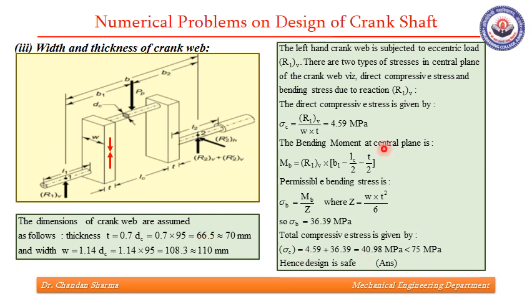So we know that the left hand crank web is subjected to eccentric load R1V. You can see over here, this is the eccentric load R1V, and we need to design this crank web. So to understand the effect of R1V on this crank web, we have assumed two equal and opposite forces equal to R1V at the center of this crank web.